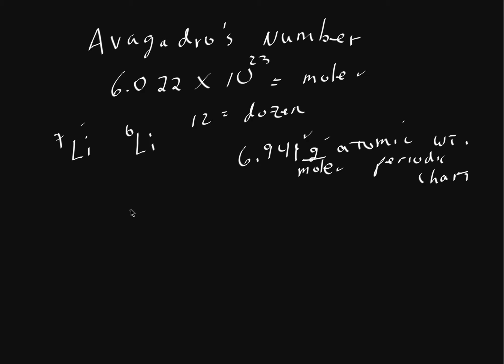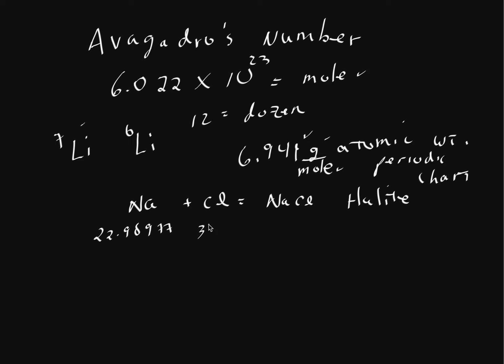Let's take something that's a little bit more familiar. The atoms sodium and chlorine can bond together to give us the mineral halite, sodium chloride. So here's the mineral name, halite. Sodium has an atomic weight of 22.98977 or something very close to that.